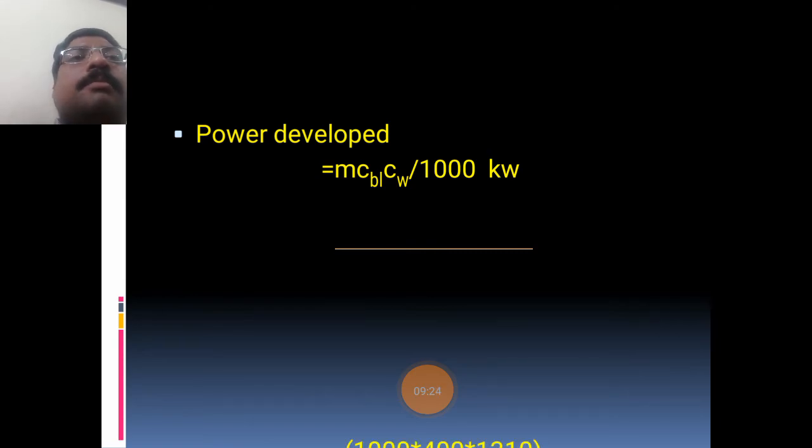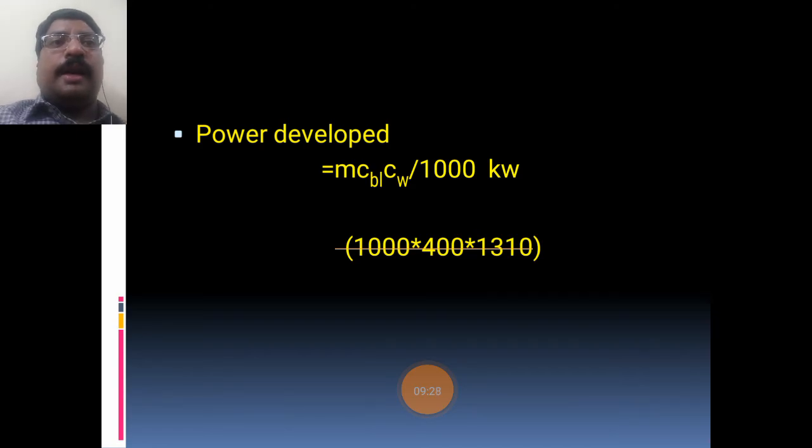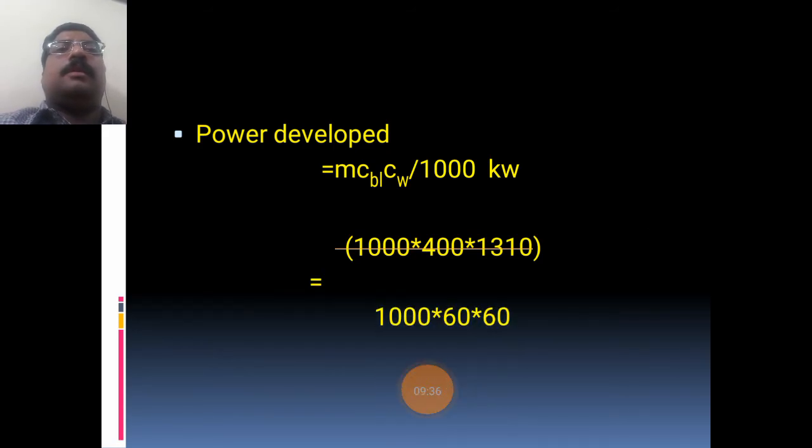So mass of steam is 1000 and linear velocity is given as 400 meters per second, and CW is obtained as 1300, divided by 1000 into 60 into 60. So 1000 is for conversion into kilowatts, and 60 into 60 means conversion of kg per hour into kg per second. So finally the power developed is obtained as 145.5 kilowatts.